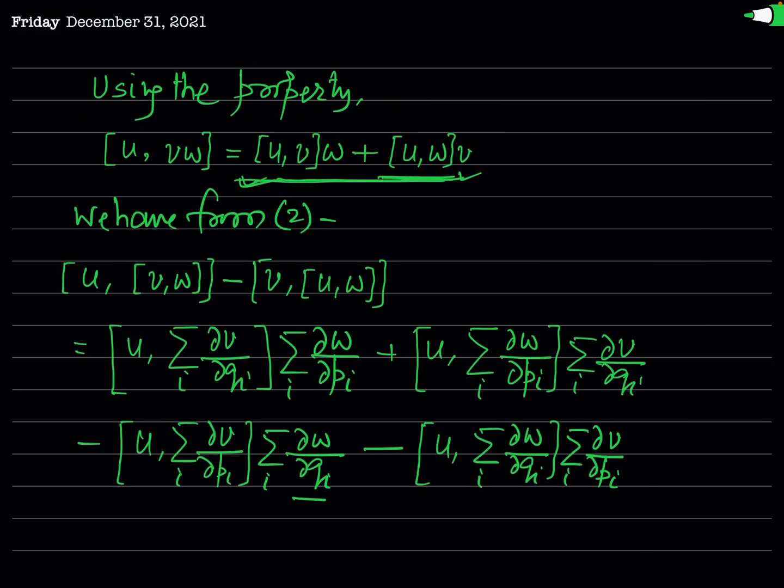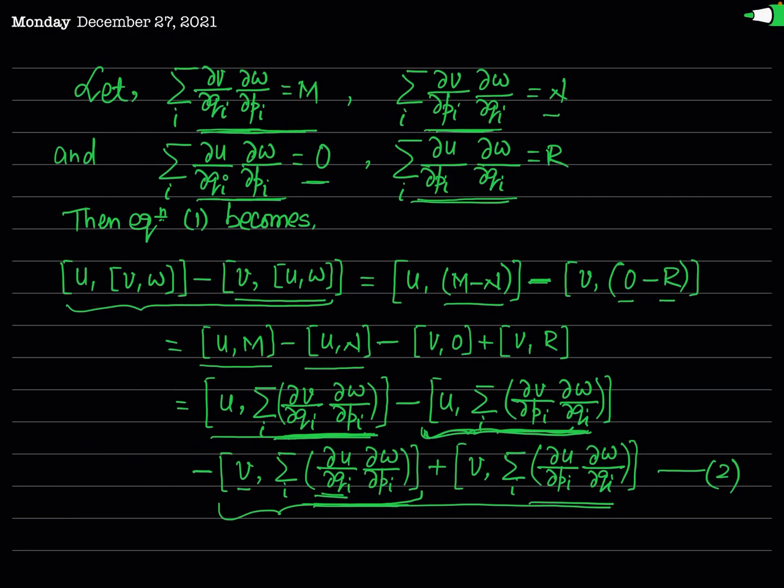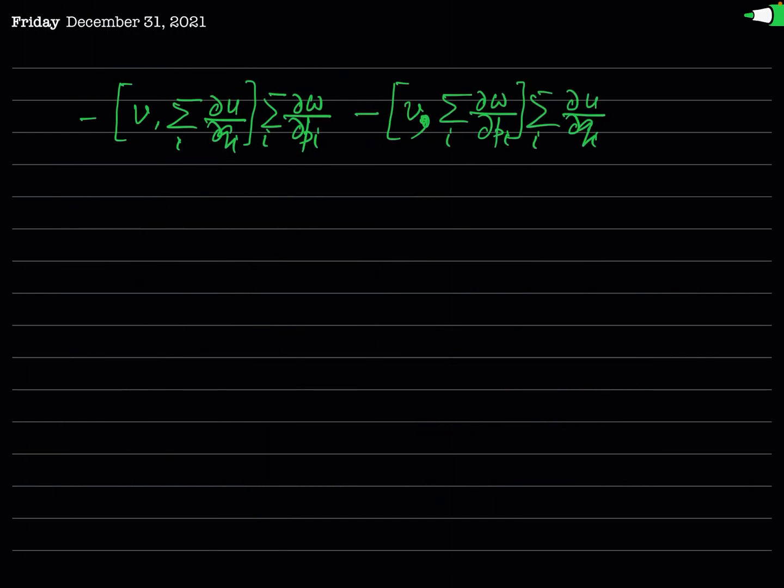Now see the fourth term in the RHS of this equation 2. This is your fourth term. And we will again simplify it by the use of that very property. So you can see what will be this.